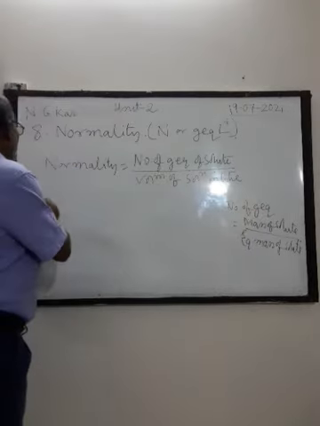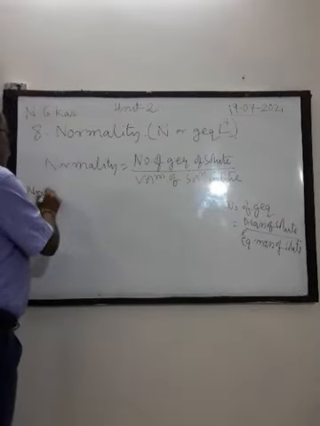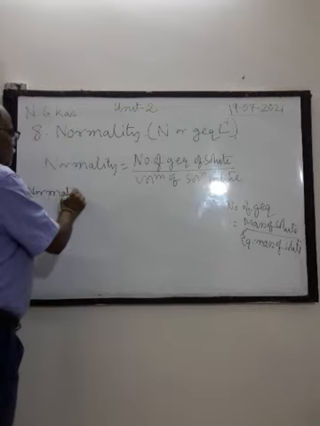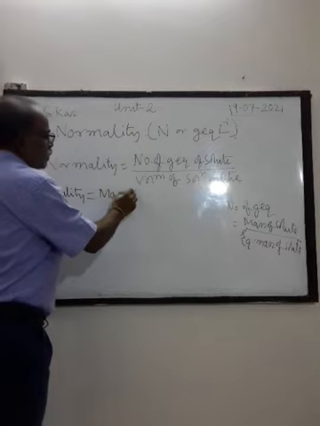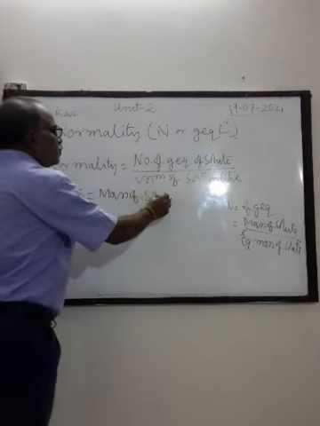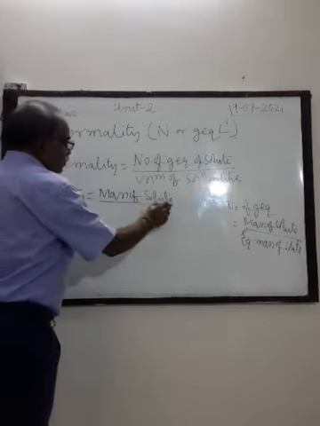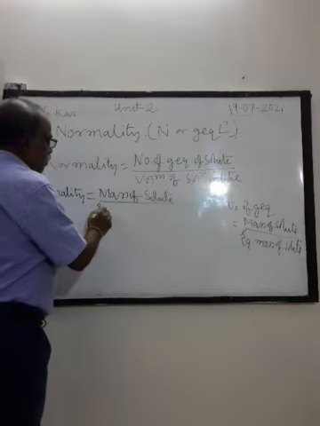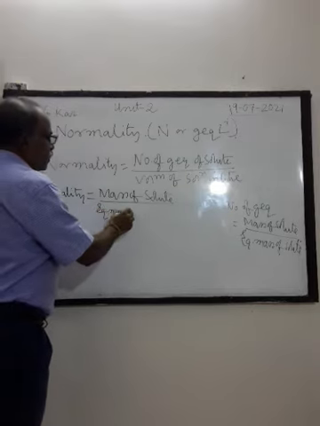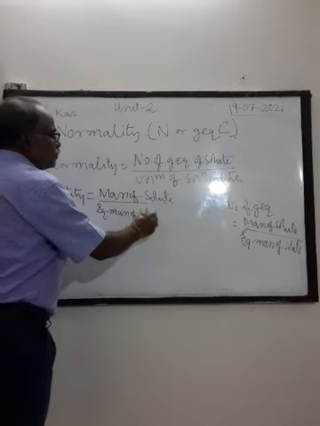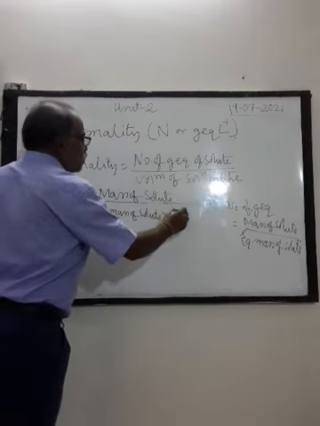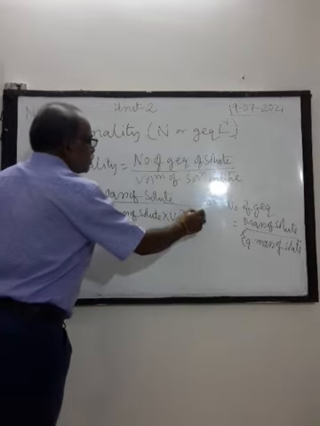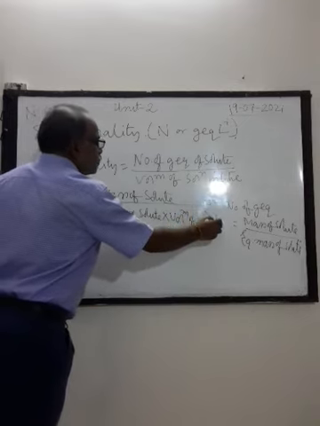So our second formula of normality is equal to mass of solute divided by equivalent mass of solute into volume of solution in liter.